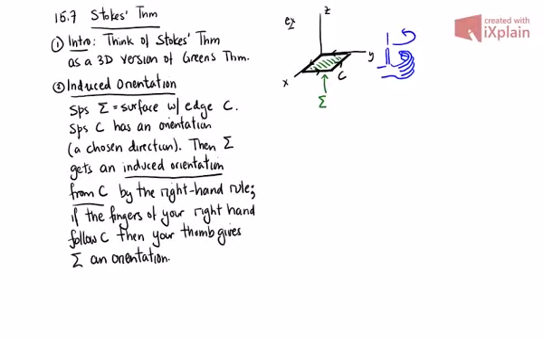The thumb is pointing up. So the surface sigma, which we did in green, gets an upward orientation. Sigma has what's called the induced orientation.